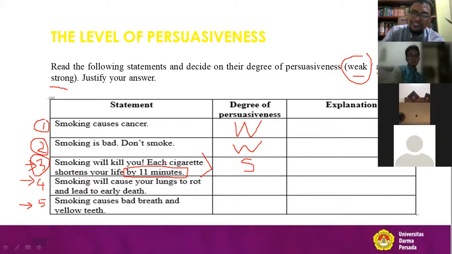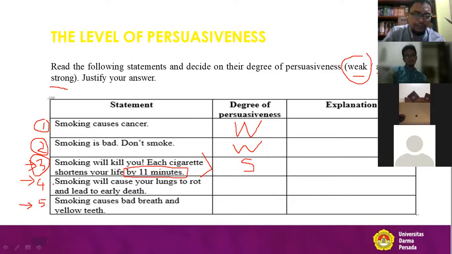So it is not just general common sense and emotional things like that, but it is backed by some medical proof, medical explanations, like 11 minutes. So this one could be considered strong.